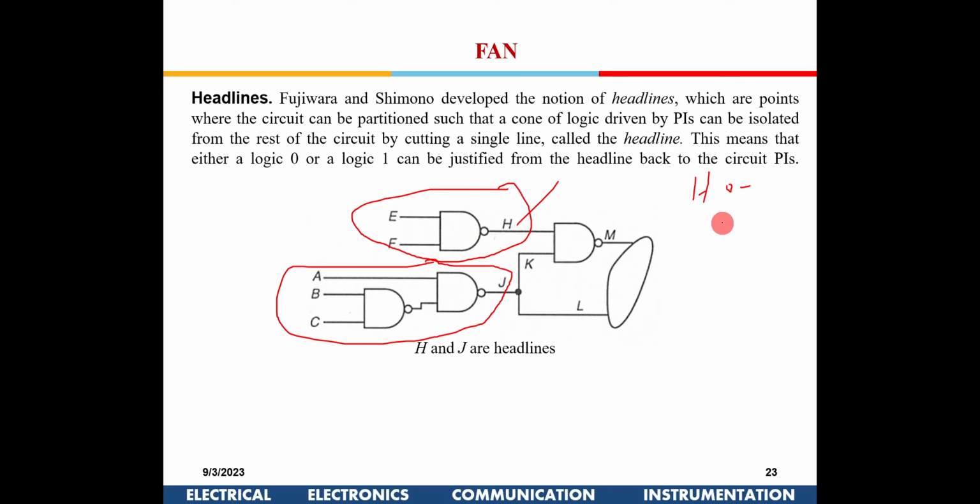It will keep that in a truth table aside. And for J equal to 0 or 1, what is the truth table? If that is kept aside, then it will consider this whole thing as a single net only. So that makes the decision making pretty easy. It simplifies the thing.